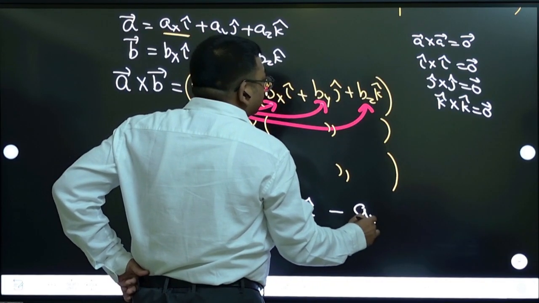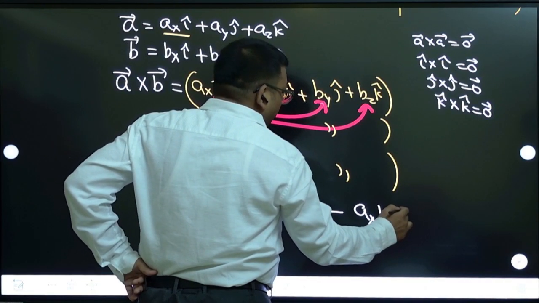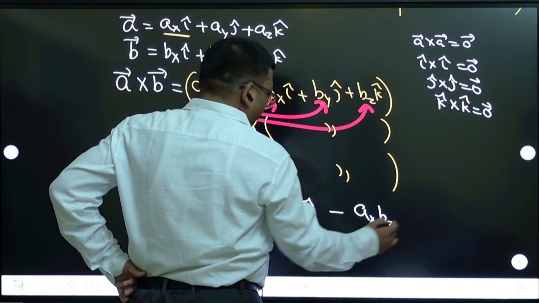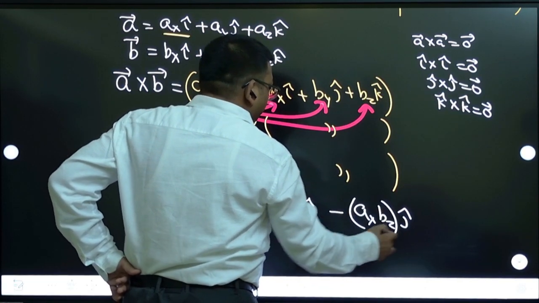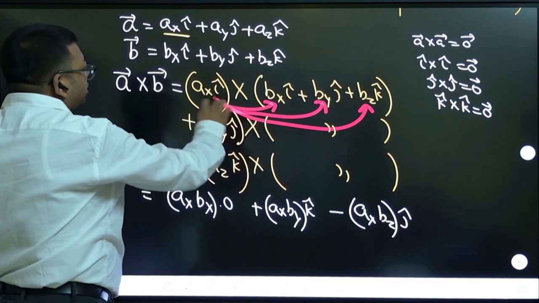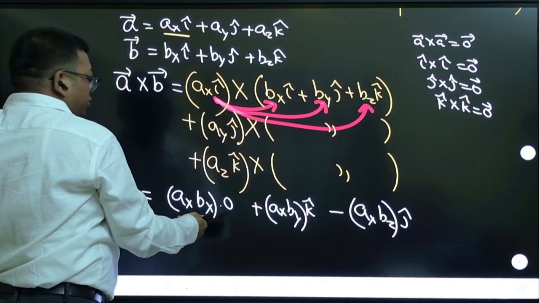So Ax Bz minus j cap. So this is what you will get. This term has become 0, so from the first one, when you open the bracket, you get only these two terms because this one is 0.